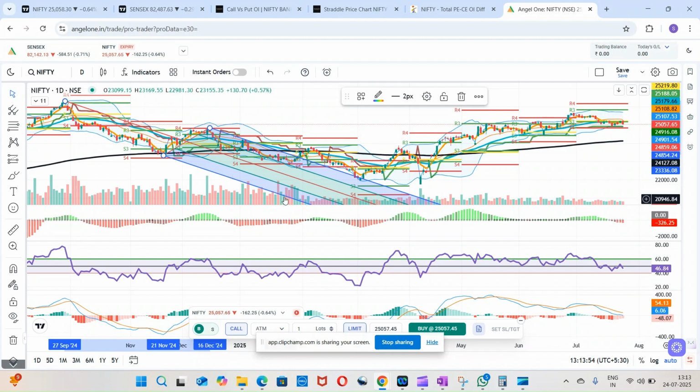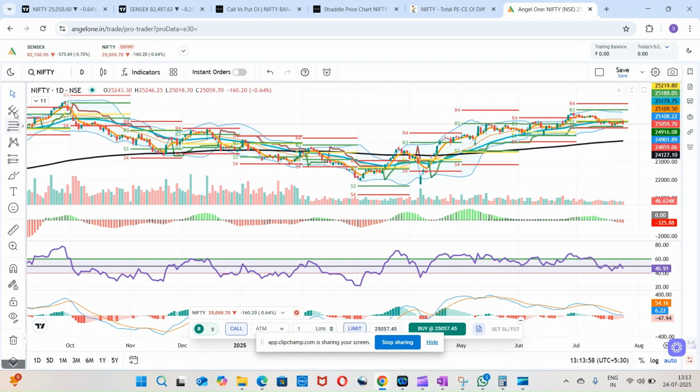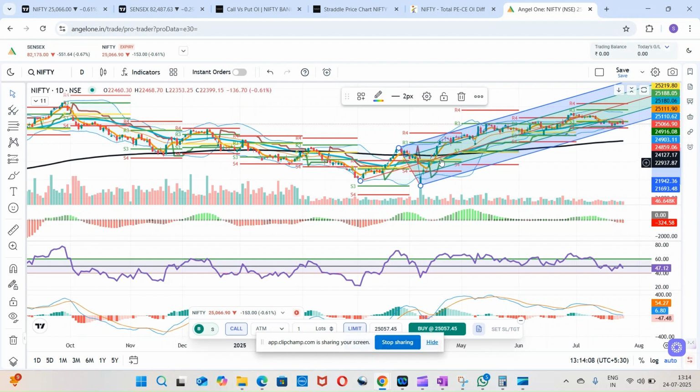So this is the downtrend. We did a pitchfork in an uptrend. If you want to do the same pitchfork here, this is the low, this is the high, and this is the low, right? So price will gravitate towards the median. If you see, it went here and gravitated towards here, and it took resistance exactly here and came here.